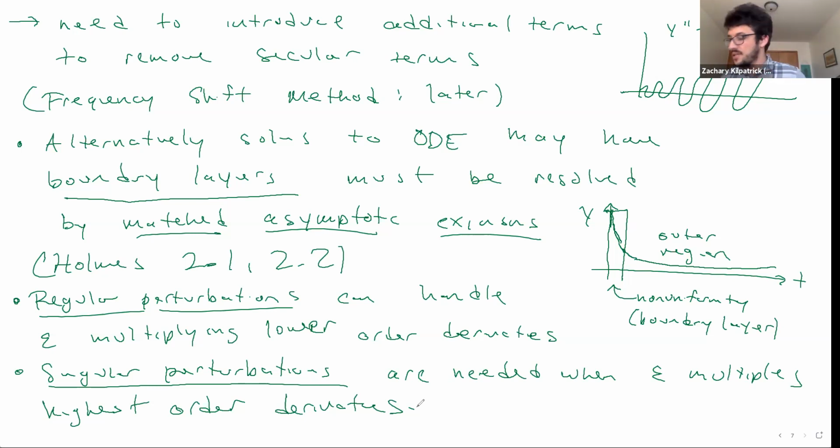So the idea here is that you can get boundary layers in either kind of problems, right? But the other choice that you have to make is whether you construct regular or singular perturbations, okay? Because essentially the fundamental structure of your solutions is going to change as epsilon goes to 0 if epsilon is multiplying the higher order derivatives, okay?